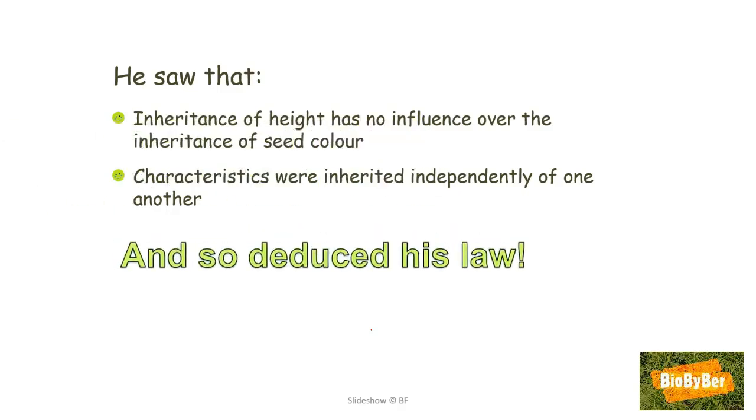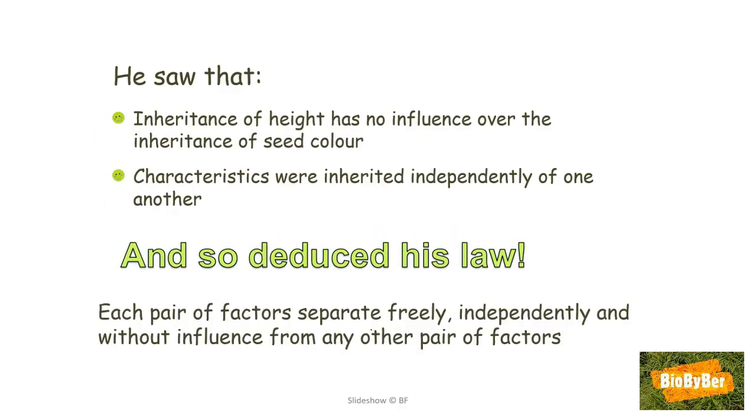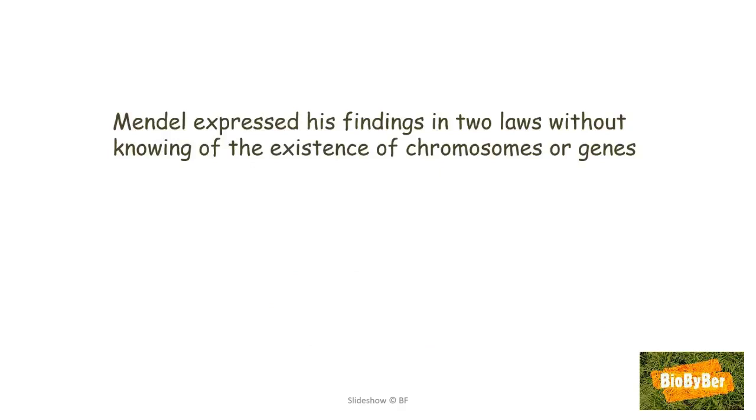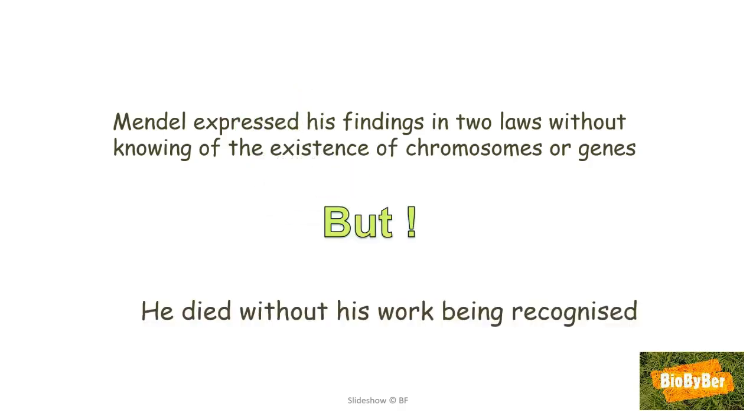And so he deduced his law, that each pair of factors separate freely, independently, and without influence from any other pair of factors. Now Mendel came up with his findings and deduced his 2 laws without knowing of the existence of chromosomes or genes. But he died without his work being recognized. He was so far ahead of his time.